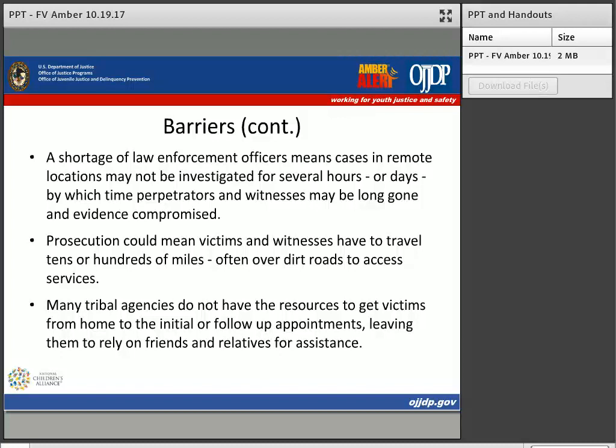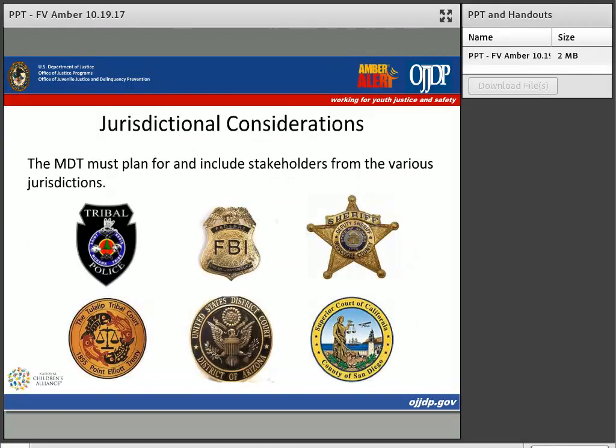And that's just a reality. And you could face that no matter where you're at. And understand that the resources that tribes have to help move victims to and from appointments and meetings and so forth are often very limited, and it's the work of organizations like NCA and others that provides these resources and can help make the difference for a tribe that's trying to work with children.